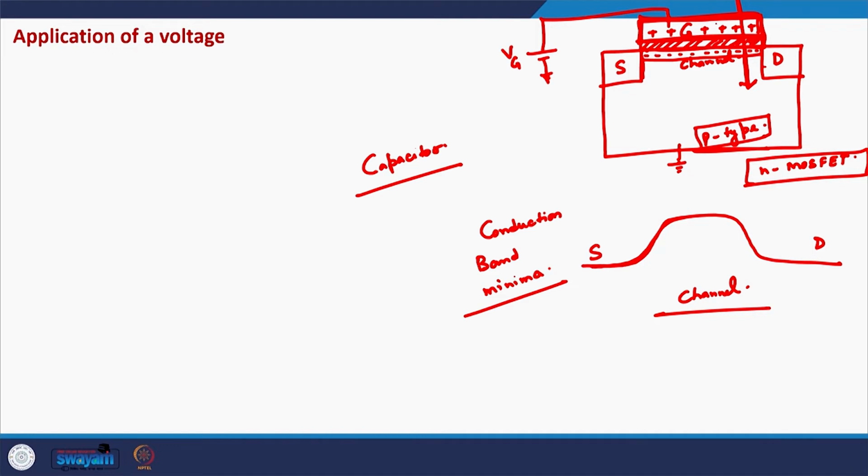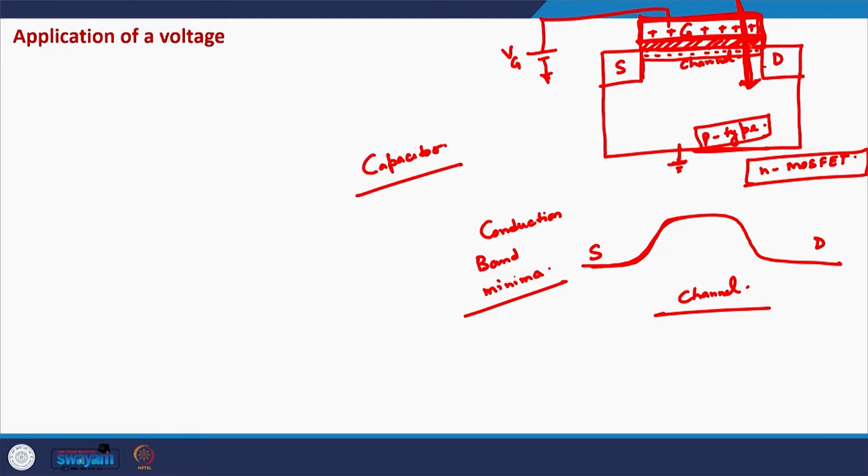So, if a positive voltage is applied on the gate terminal, and if we look at the electric field in this direction, there will be a positive potential here, because on the other side the potential is 0, it is grounded. So on this terminal there is a large positive potential, and so here also there will be a positive potential.